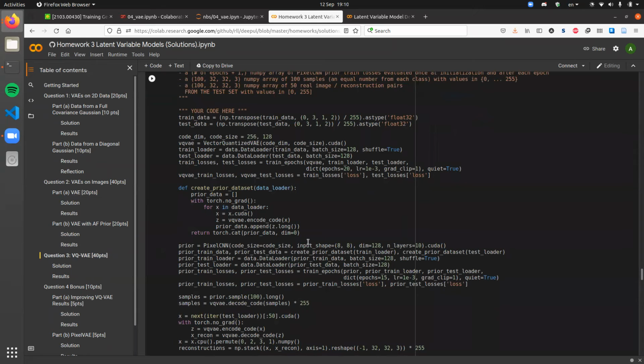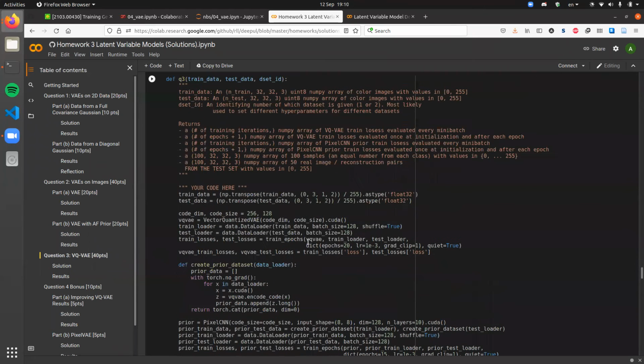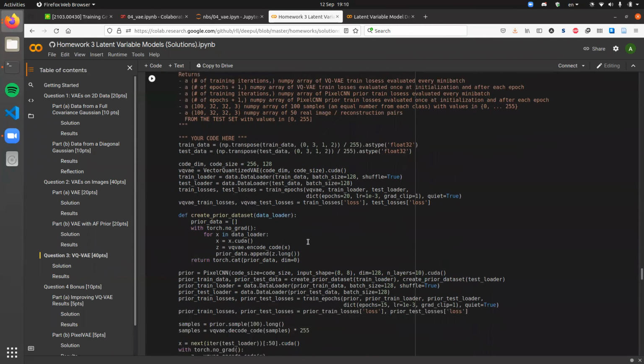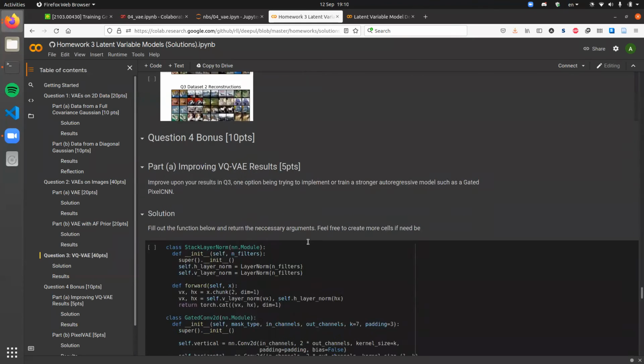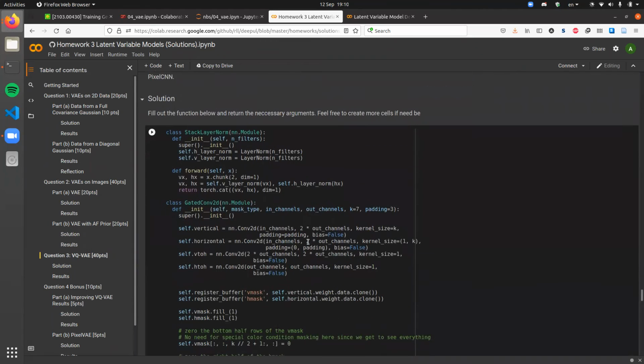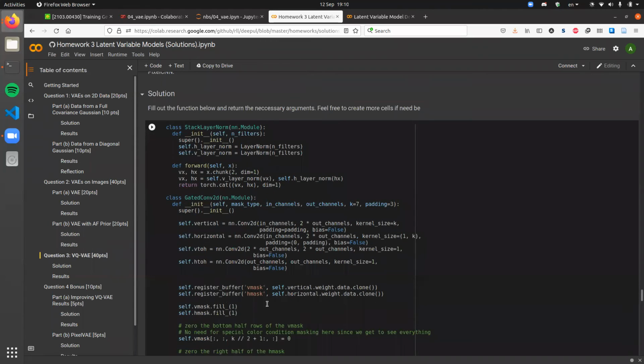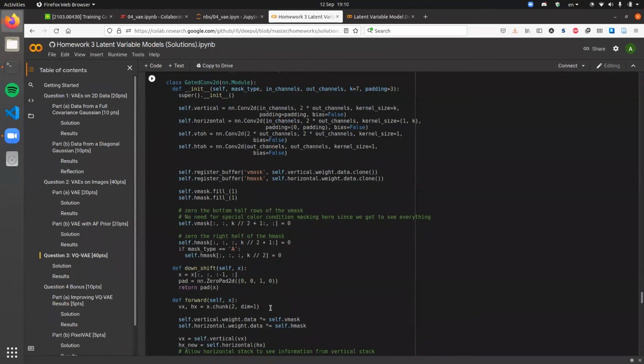As presented in the paper which actually presented the pixel RNN. And after that, there was gated pixel CNN, and here they try to model the latent distribution with gated pixel CNN.